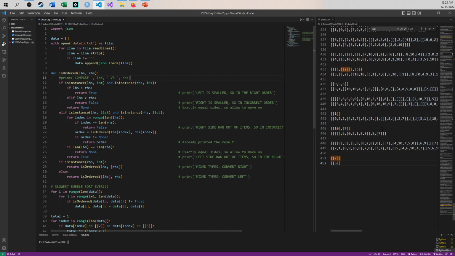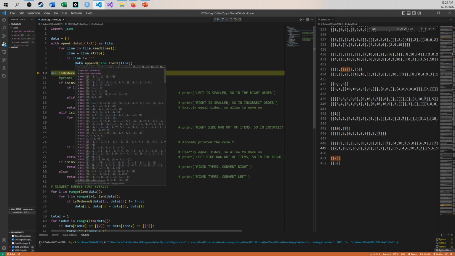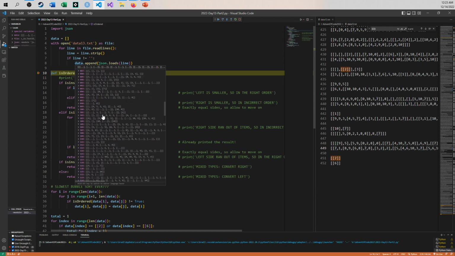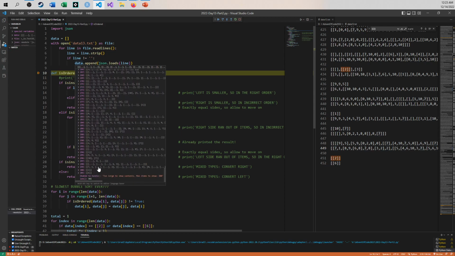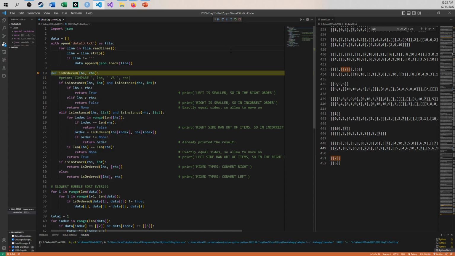So there are 302 different lines to compare against each other. There's my 302, and I just wanted to make sure for myself.